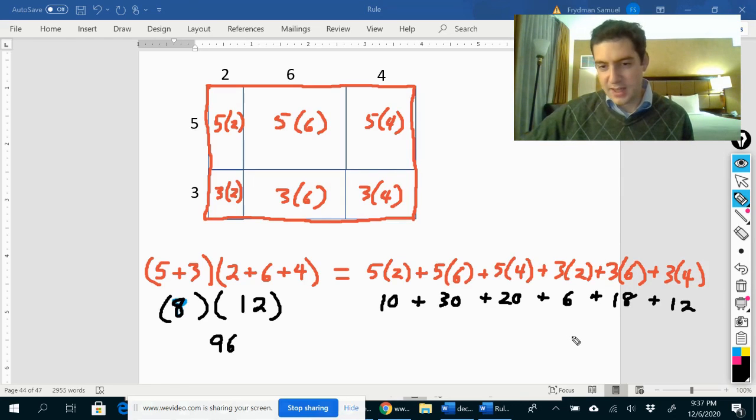So let me just add it in the easiest way possible. 18 plus 12 will give me 30. And then I have 10 plus 30 is 40, plus 20 is 60, plus 30 is 90, plus 6 is 96. So all of this is equal to 96.